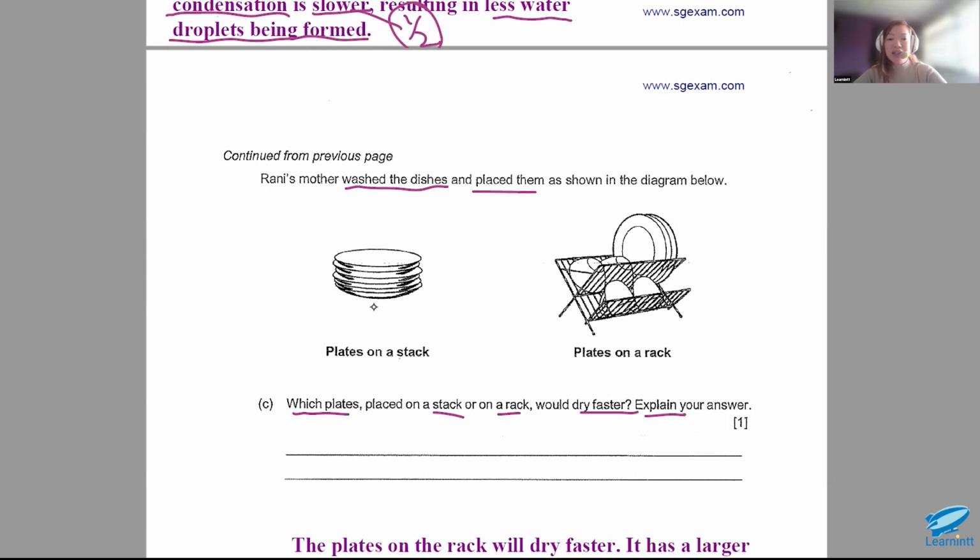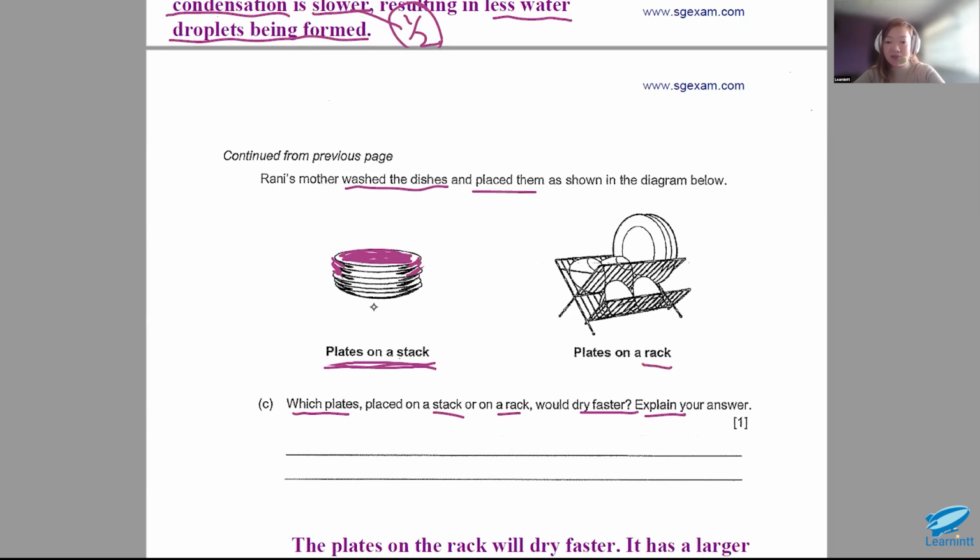Look at the plates on a stack. I can only have the exposed surface area, that's the biggest one here. Then the rest, there's only a bit by the corner, a bit by the corner, and so on. I can't really get the water droplets in the middle to evaporate that easily.